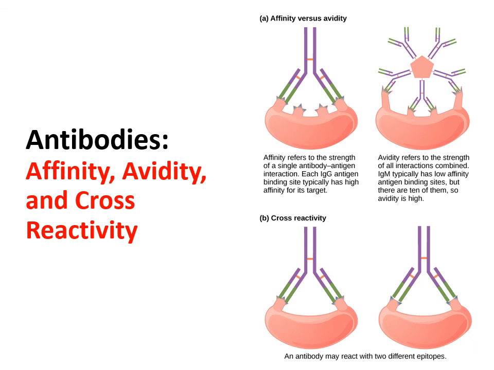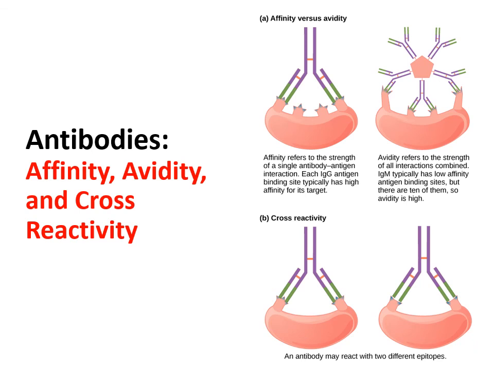Okay, so affinity is how strongly attracted the antibody is to the antigen, whereas avidity basically means the strength of all of the antibodies binding to antigens at once. So basically meaning that avidity is higher if there's more antibodies that will bind to a particular pathogen or structure.